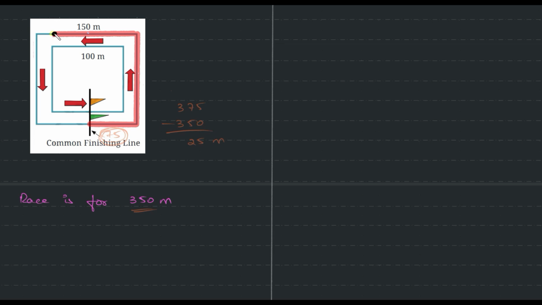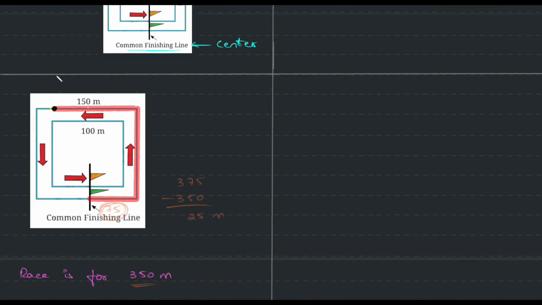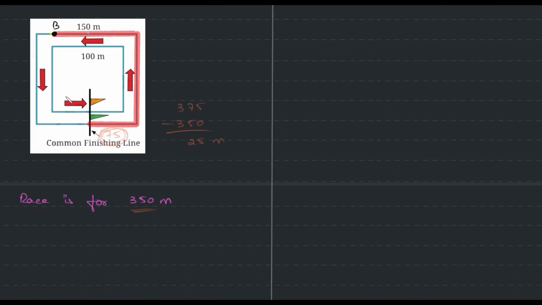So how much is this length now? This I have to call outer. I should call it B. So I'm going to start from here. What is the exact length? Oh, sorry, they are running this direction actually. My bad.